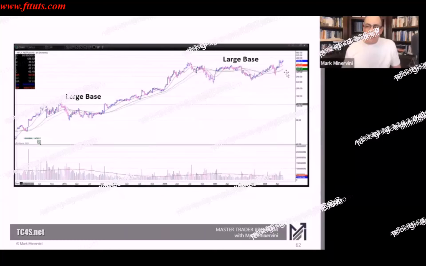You haven't been in it for very long, but you've put a very large amount of time in with the base, and I would consider that still in a stage 2 uptrend, or a stage 1 that you can buy when it just turns into that stage 2. Just a few caveats, because over the years we've had some questions about that.